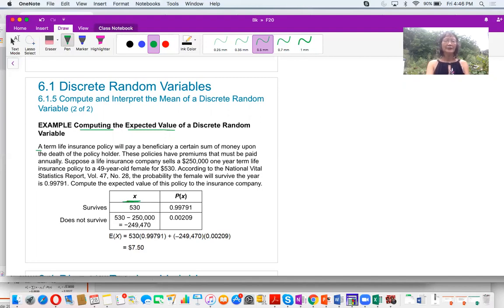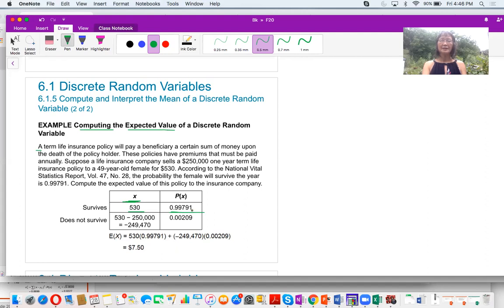Okay. So the random variable X is the money you paid to buy the insurance. When that is 550 if you survive. And if you survive, the probability based on the National Vital Statistics is 0.99791.